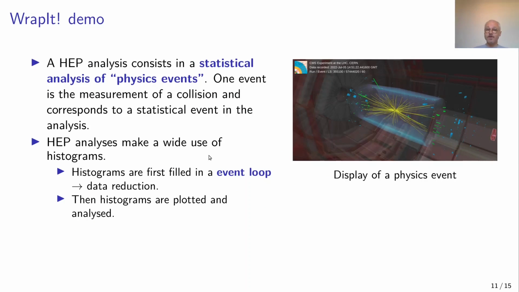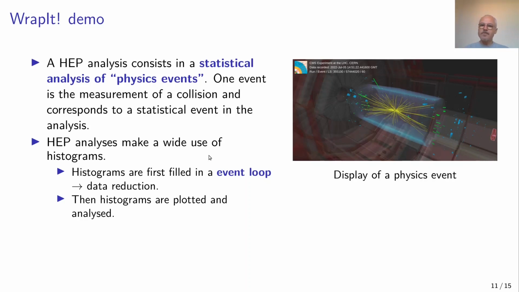A physics event is a measurement of a collision, and it corresponds to a statistical event in the analysis. On the right, you have a display of a physics event. Here we collide two protons, and from the collision many particles are produced, and in yellow, these are the tracks of the produced particles.